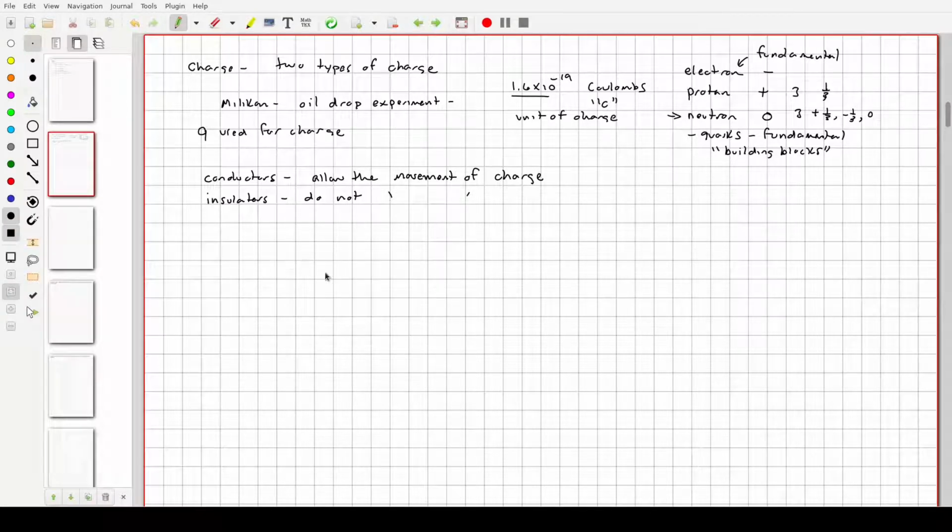One question you may have is why is it that conductors allow charge to move? It has to do with the fact that most conductors are metals.